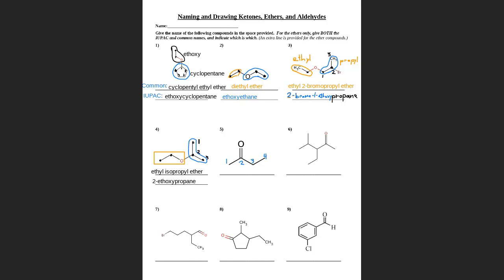And with a ketone, the ending is -one. So just like ketone. And so in this case, it's 4 carbons, so the root name would be what? Bute. So butanone.